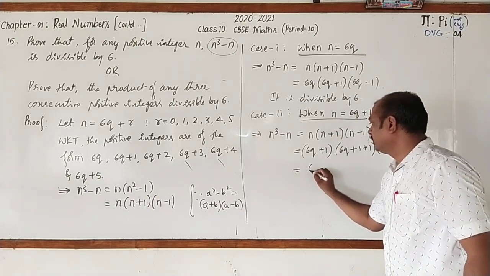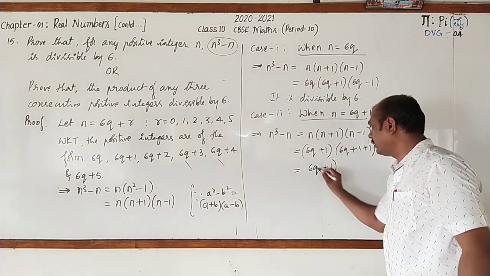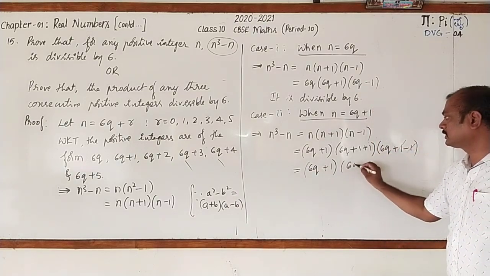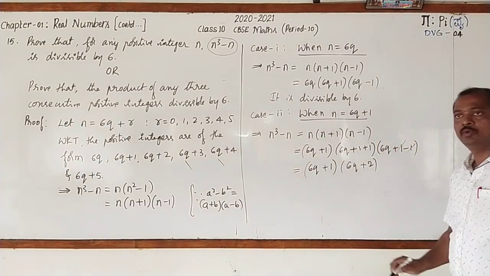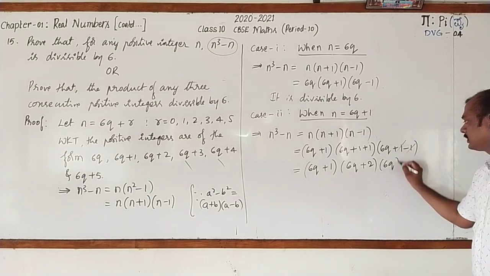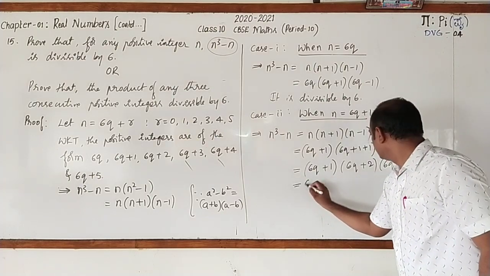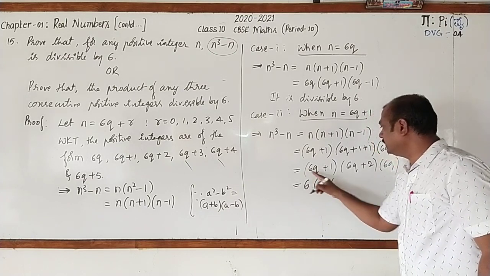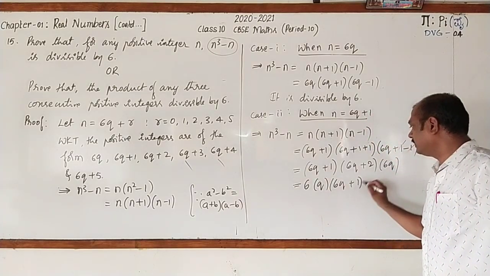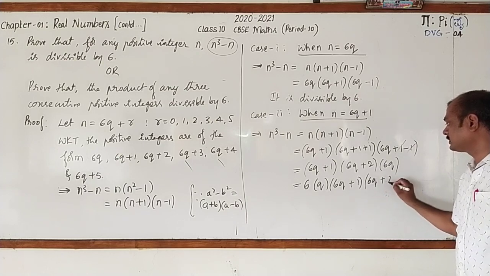It is equal to 6q plus 1 into 6q plus 2 into 6q. Clear? You can rewrite this as 6 into q into 6q plus 1 into 6q plus 2.